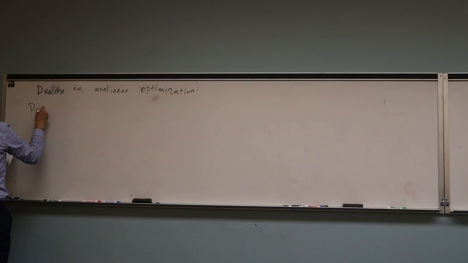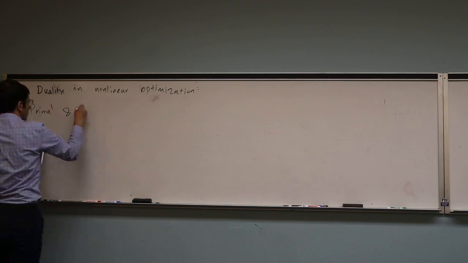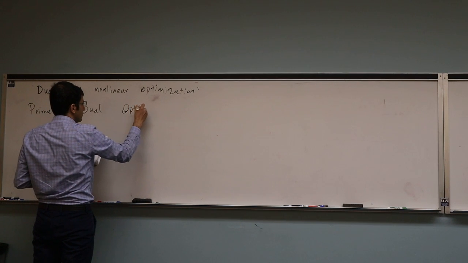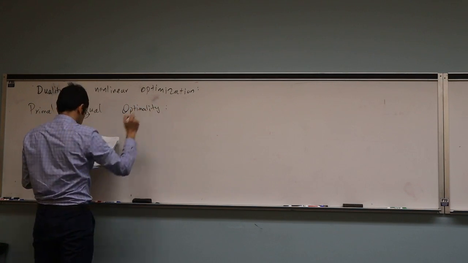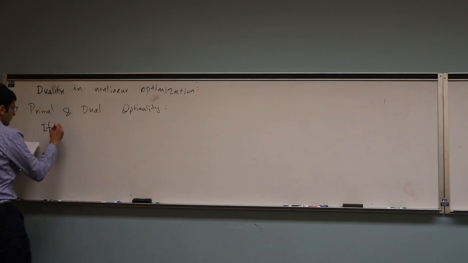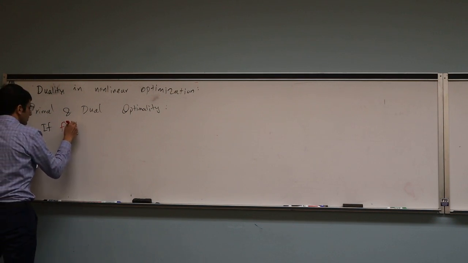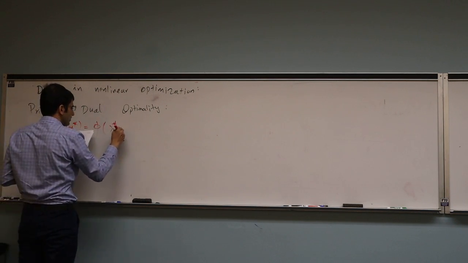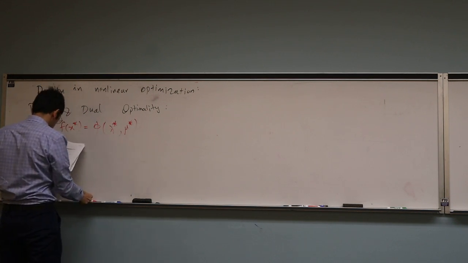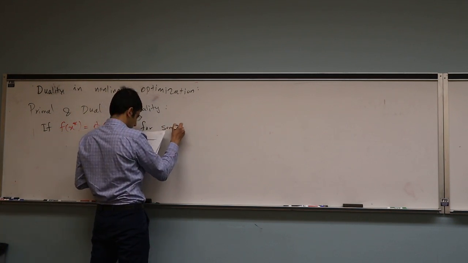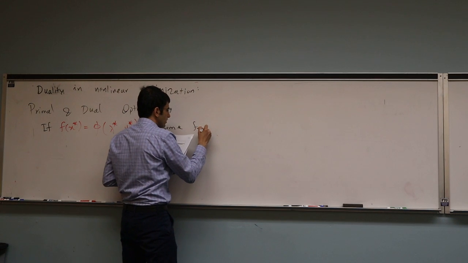Another fact is primal and dual optimality. If f of x star is equal to phi of lambda star mu star for some feasible solution.